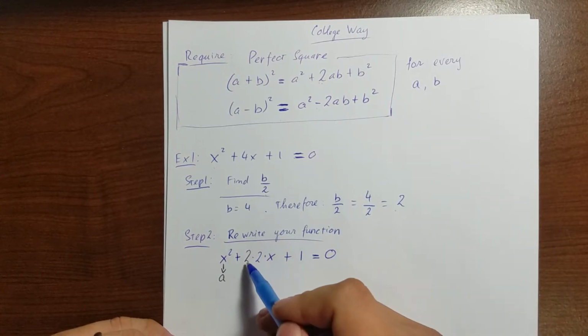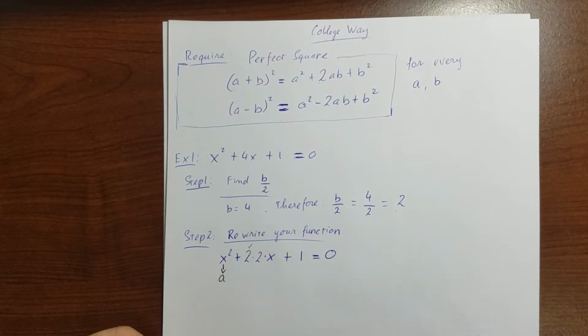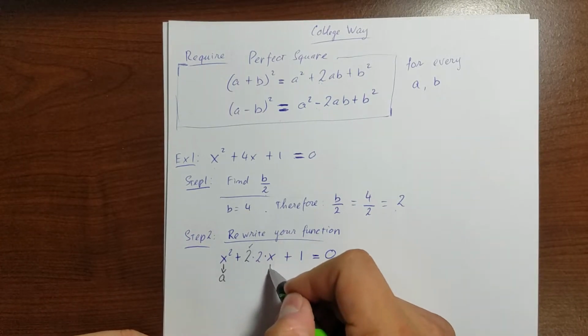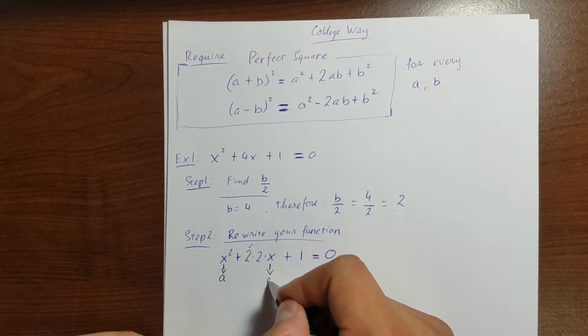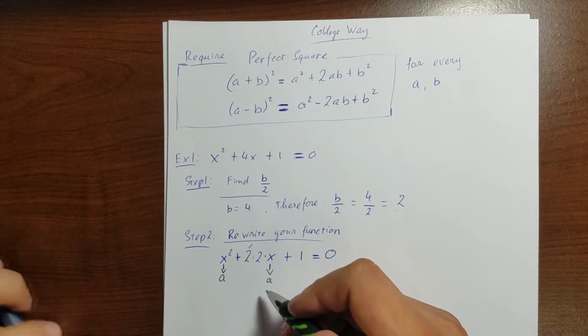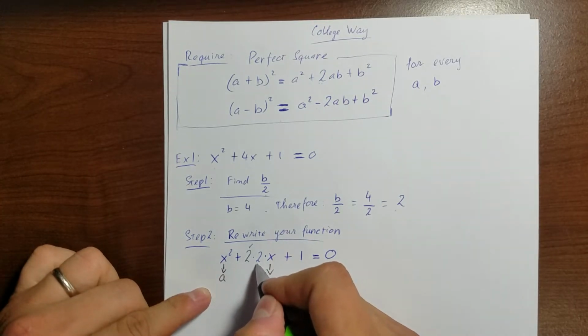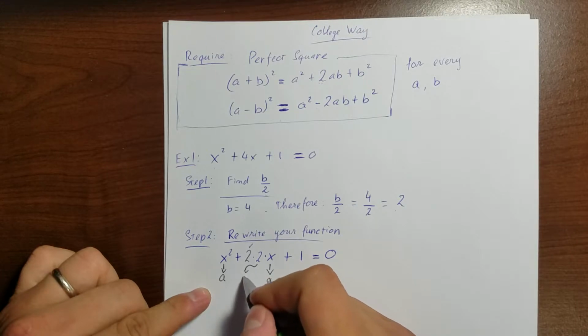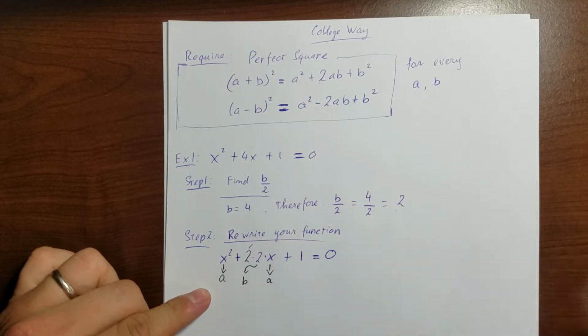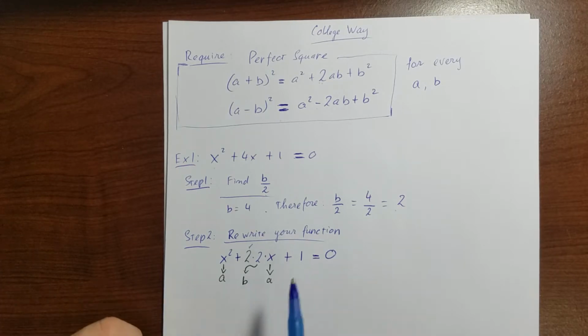Fortunately for us, we have 2 between them, so let's check mark there. This has to be my A, because it looks identical to the first one. Therefore, this here has to be my B. Now guys, look at your perfect square formula.